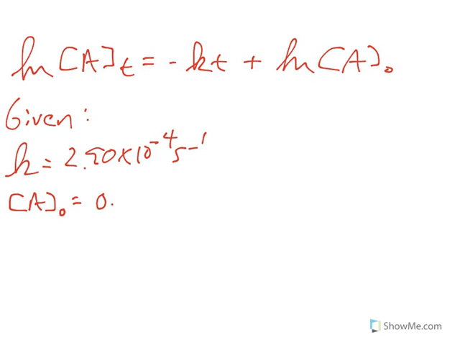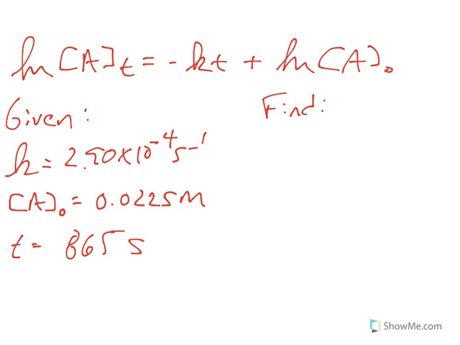That was given to us at 0.0225 molar. We were also given a time, T. Right? T is 865 seconds. All right, notice our rate constant is in inverse seconds, so our time needs to be in seconds. All right? What do we need to find?